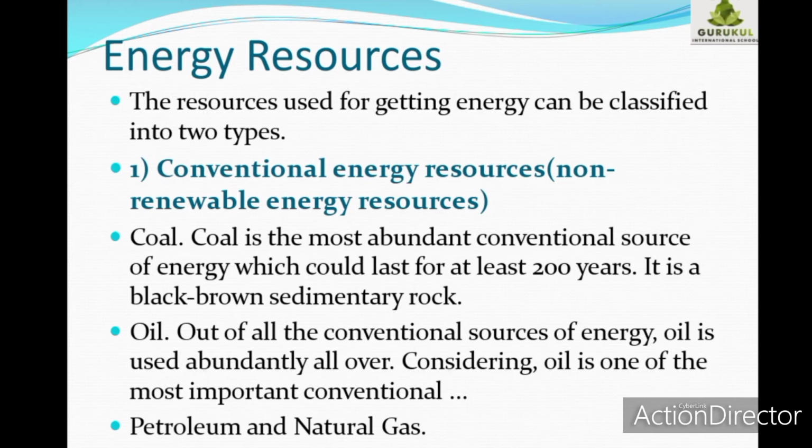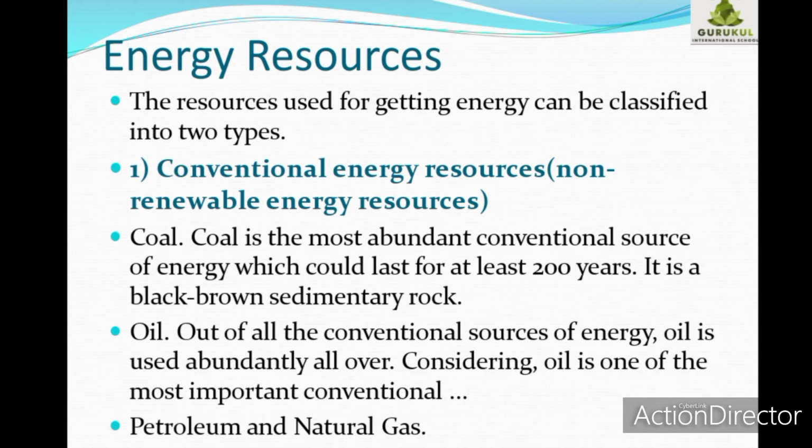The energy resources which human beings have been using for many years, or for centuries, are called conventional energy resources. Which conventional energy resources are we using from a long time? Coal, crude oil, petroleum, natural gases, diesel.